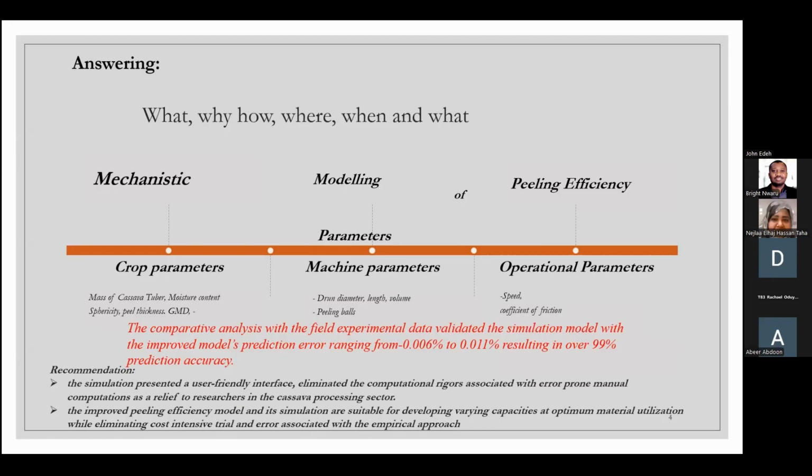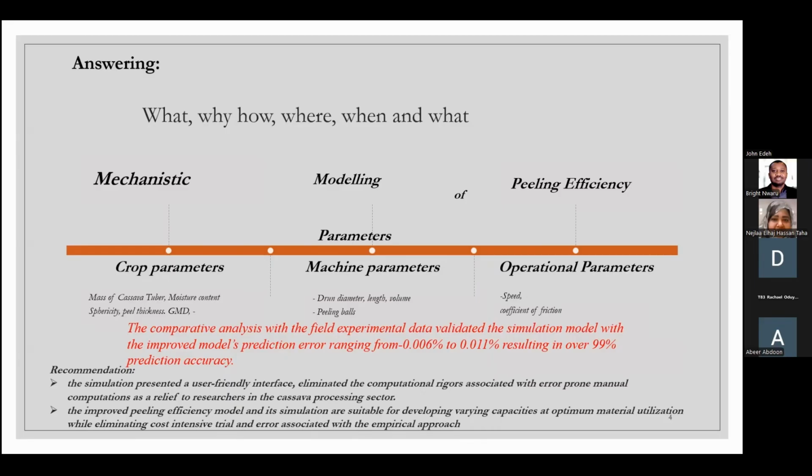And in the course of the study, we identified that performance parameters of most developed equipment are functions of certain significant input parameters. And these parameters could be crop parameters or machine parameters.